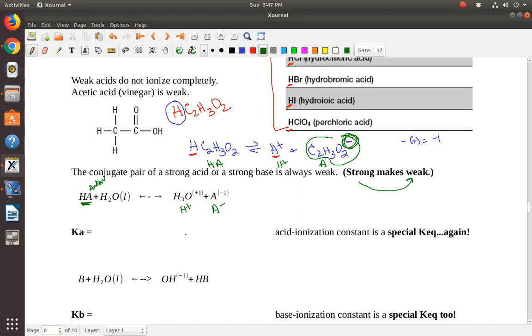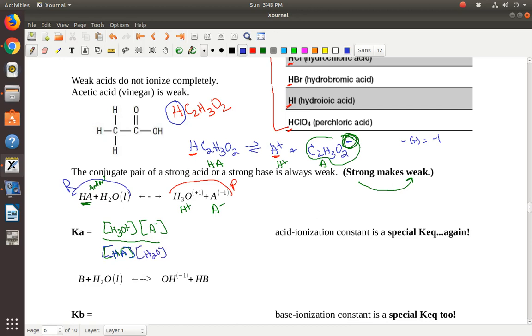Now, if I were going to write the equilibrium constant for this, I would write it as the concentration. Remember, equilibrium constants are products over reactants, just like in the previous chapters. So I would write H3O plus, that's the product, times the anion. There's no plus sign in the equilibrium constant, divided by the concentration of HA, which I could put in blue because we're talking here about just the reactant side, times the concentration of water.